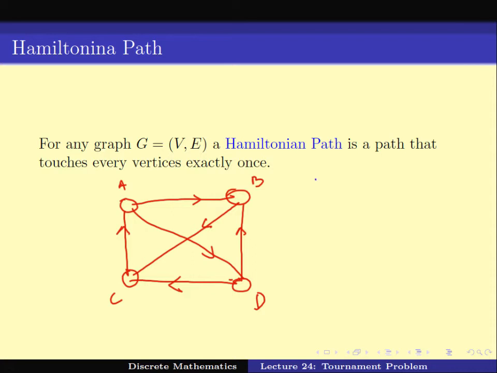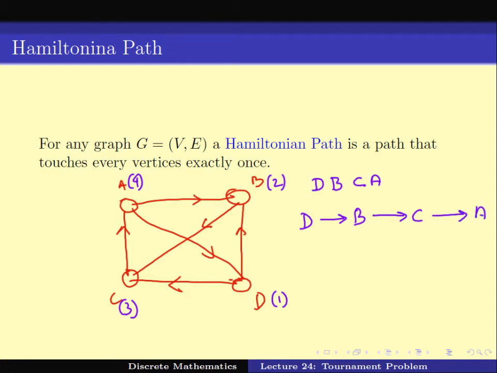In this particular graph, if I number D as 1, B as 2, C as 3 and A as 4, I get D, B, C, A. Note that D defeated B because of the edge, B defeated C because of the edge again, and C defeated A. So I get a path where every vertex comes exactly once.